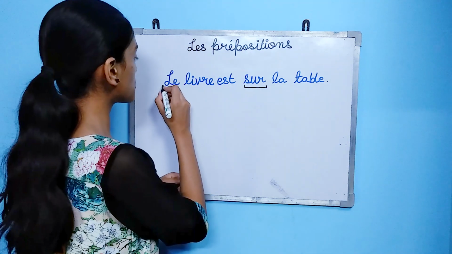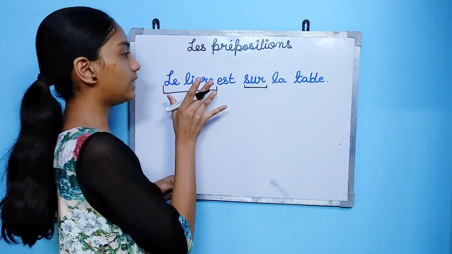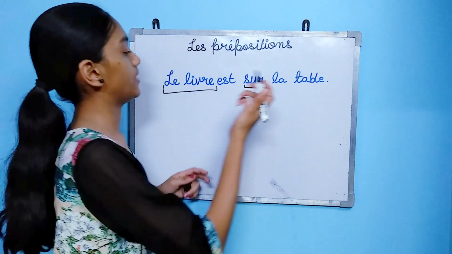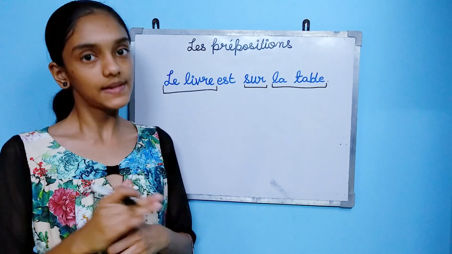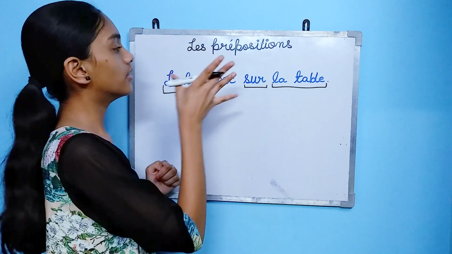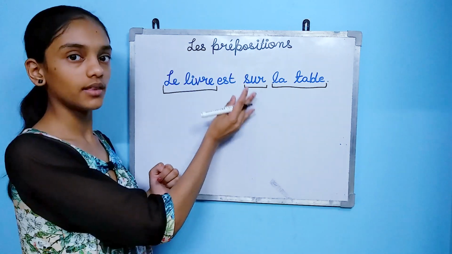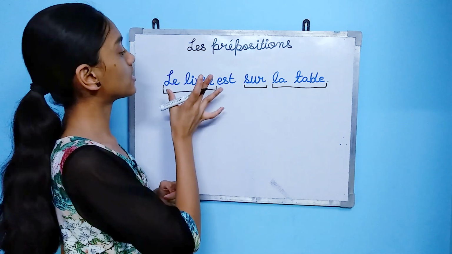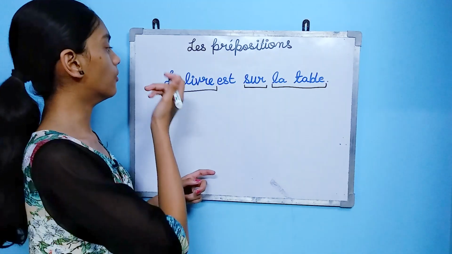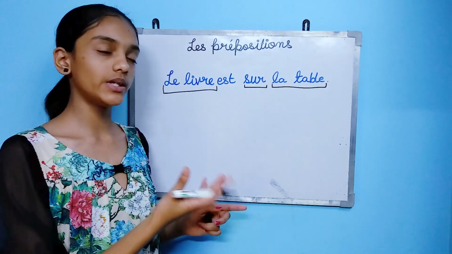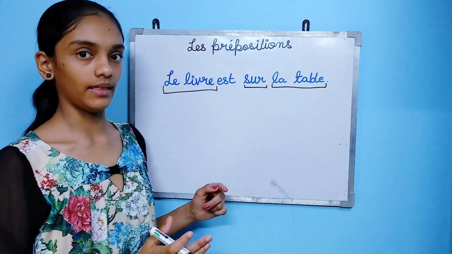Here, our first element was le livre, the book, and our second element was la table, the table. And sur, which is on, connects the book and the table. So our preposition will always be placed in between them.